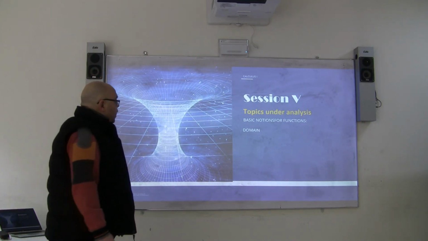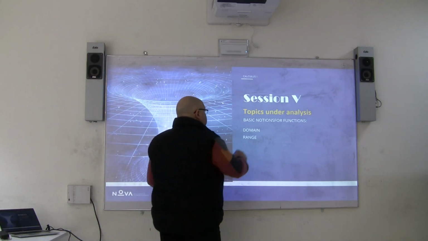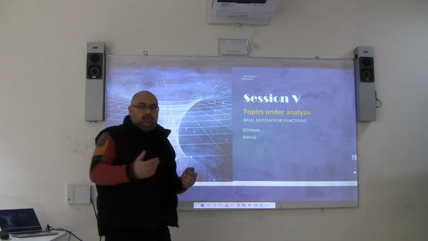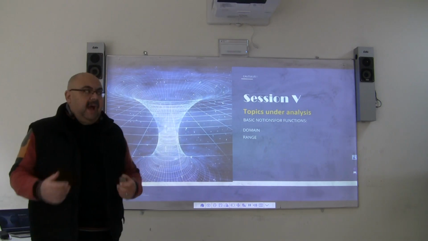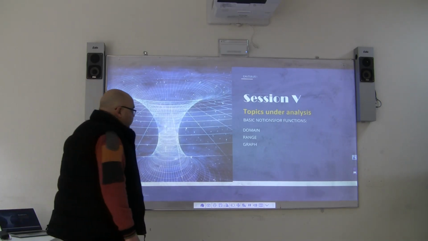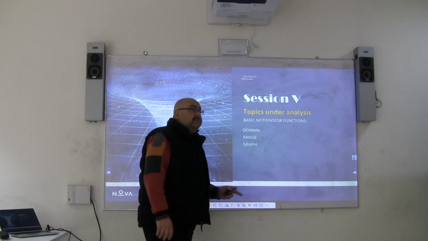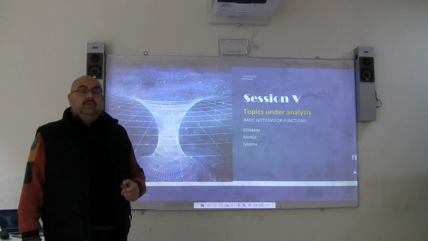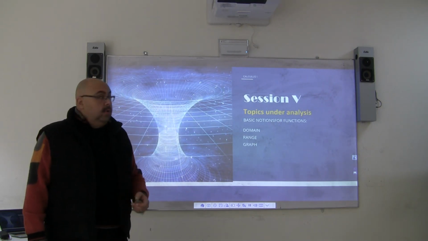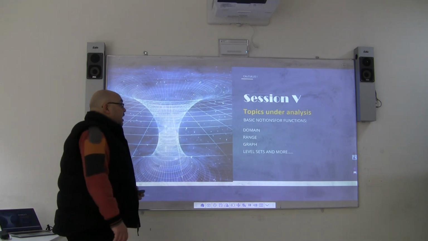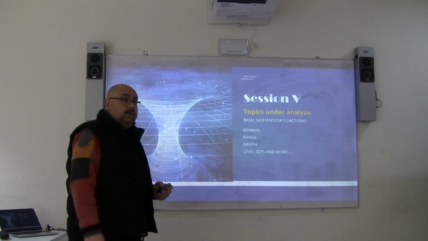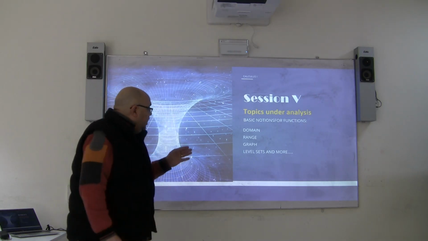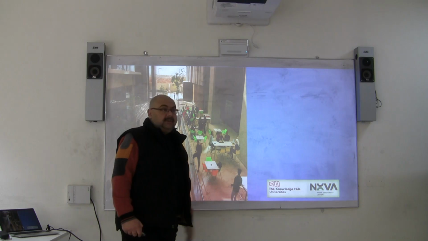Today I will focus on the domain and also the range, how to get the domain and how to get a speculation of the range, the steps of graphing your function and how it appears, either in 2D or in 3D or larger than this. Then the level sets, and we will analyze what a level set is and how to get it.